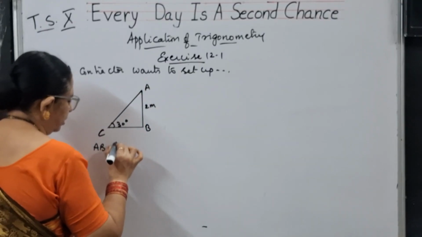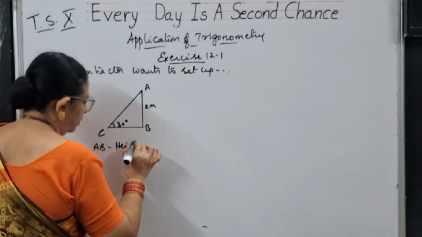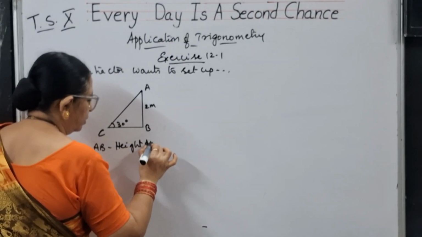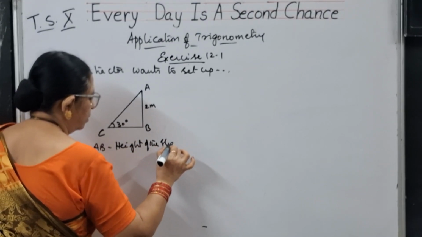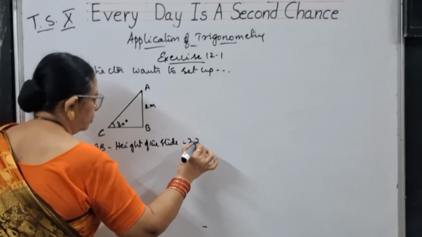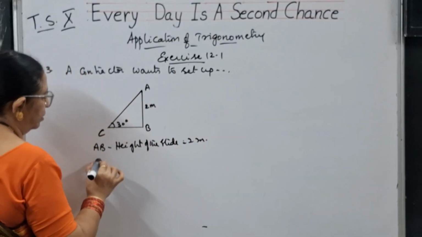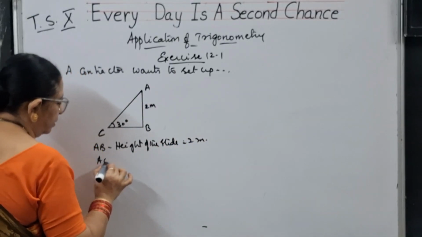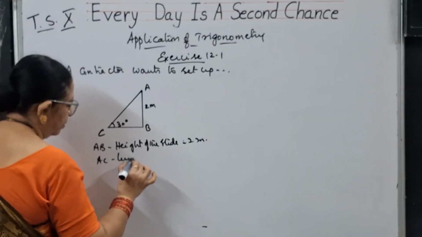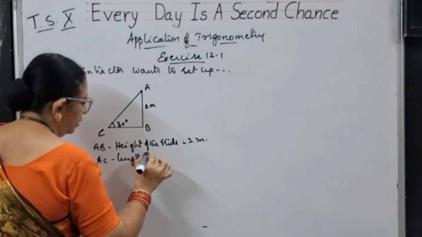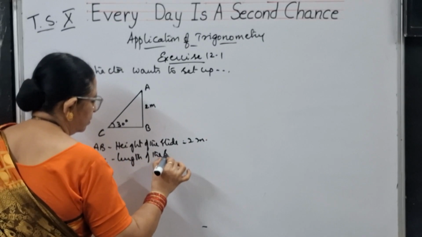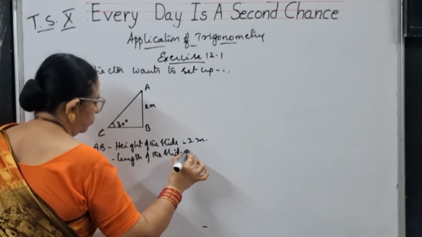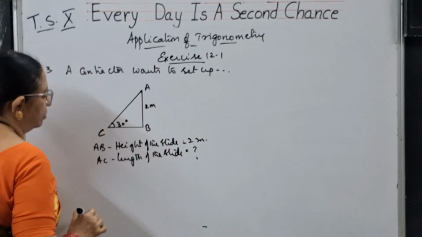So what is AB? AB is the height of the slide, that is equal to 2 meters, and AC is the length of the slide, which we are going to find out.